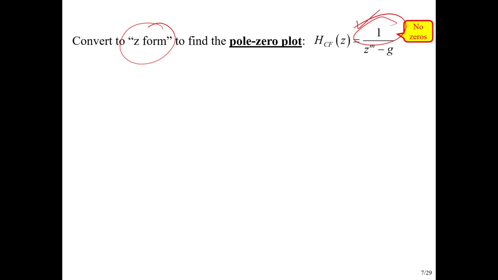Well, all right, no explicit zeros that are found by setting the numerator of the z form of the transfer function to 0. But remember, there are some implicit zeros, right? Any value of z that has an infinite magnitude plugged in here is going to make the denominator go to infinity, which will make the transfer function go to 0. So we say there is a 0 at z going to infinity.